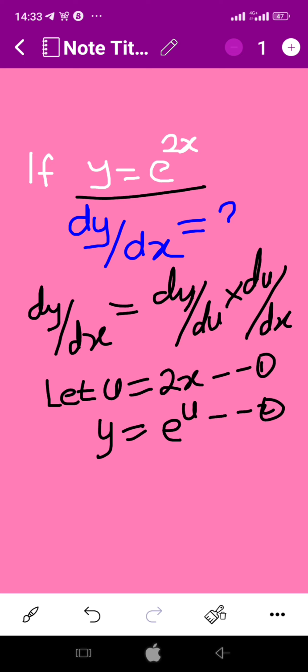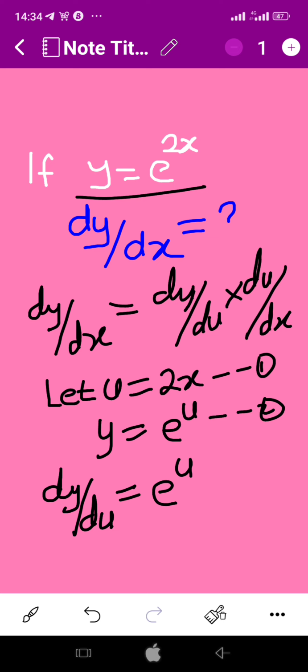Now let us go to the formula and determine dy/du. To get dy/du we will get it from equation 2, because we are going to differentiate y with respect to u. So dy/du equals, to differentiate e raised to power u is still the same thing, e raised to power u.